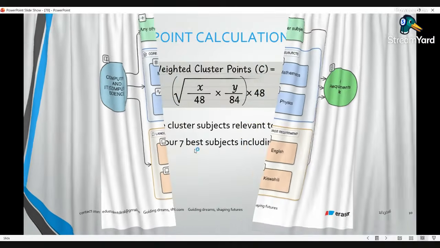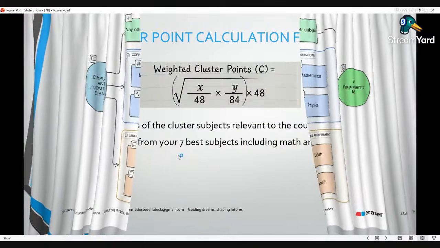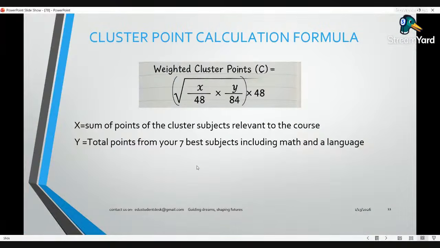So we move on next to the cluster point calculation formula. This is the formula for calculating the cluster points. It's the square root of, in brackets, x over 48 times y over 84, close the brackets, times 48.